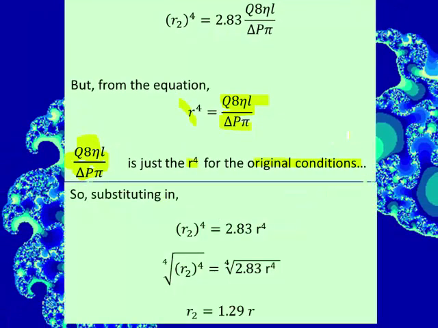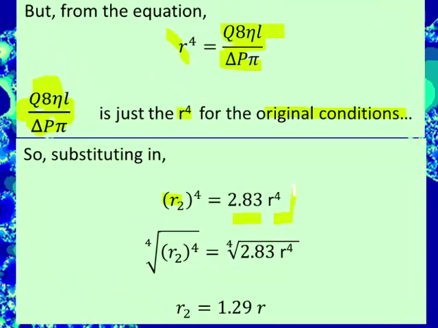So we can just go ahead and substitute in. The new radius to the 4th power is equal to 2.83 times the original radius to the 4th power. Well, now we can take the 4th root on both sides, and we get the new radius is 1.29 times the old radius.